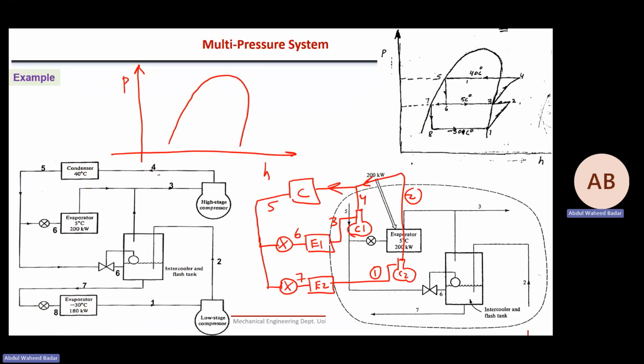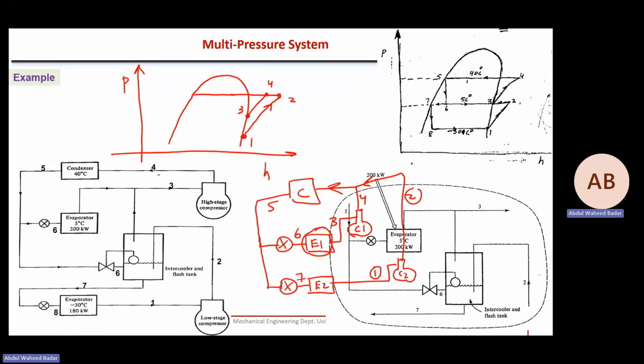Now 1 to 2. So here is one condenser. So 1 to 2 goes directly to this condenser. And you have another compressor at a higher temperature, because this is at high temperature: 3 to 4.